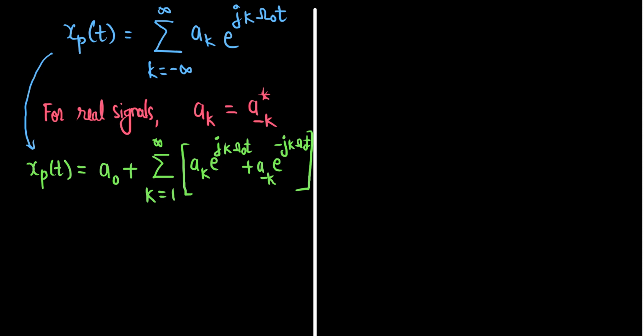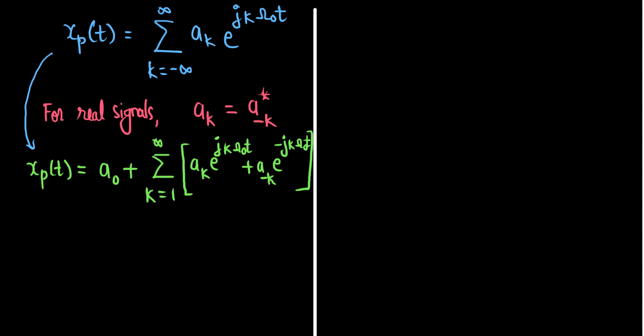So this expression here is the same as the original expression. I have simply rearranged this equation. Now we know ak and a of minus k are complex conjugates of each other. So a of minus k can be represented as the complex conjugate of ak.